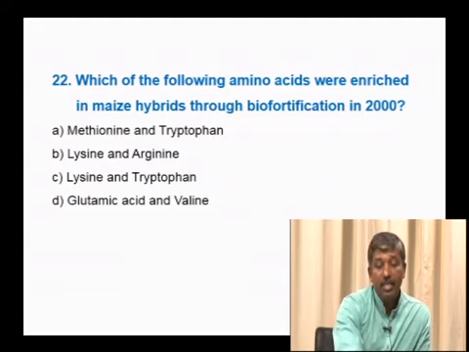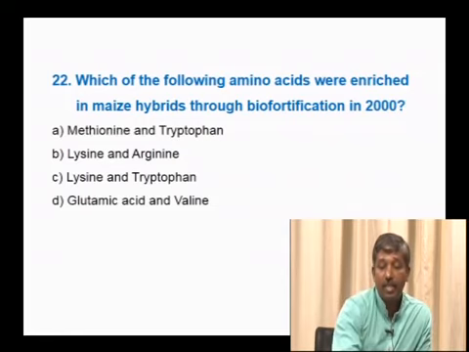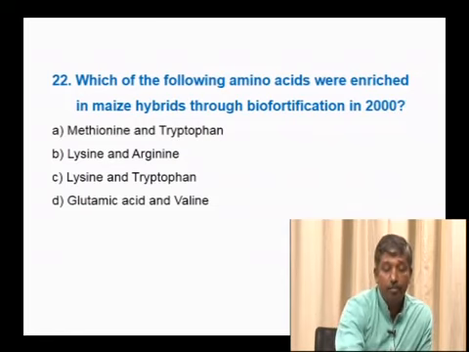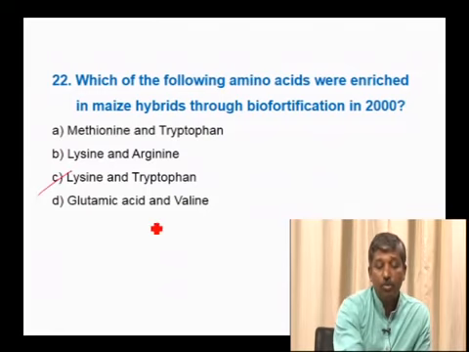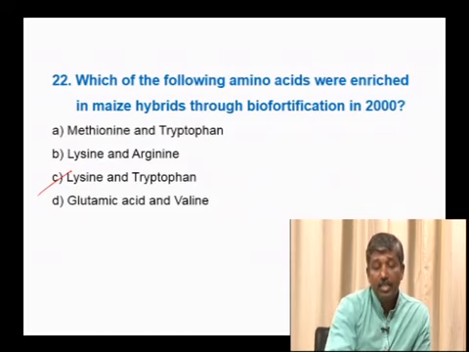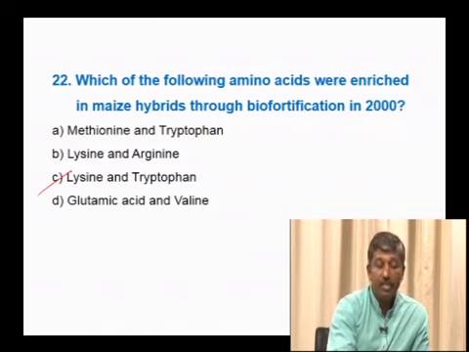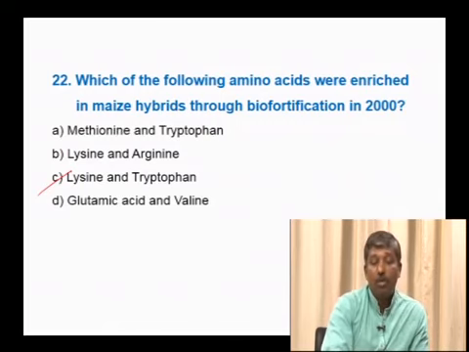So, lysine and tryptophan are the two amino acids that have been biofortified in the maize hybrids. Glutamic acid and valine, you can relate these to the sickle cell anemia disorder, where glutamic acid is replaced by valine at the 6th codon in the mRNA.